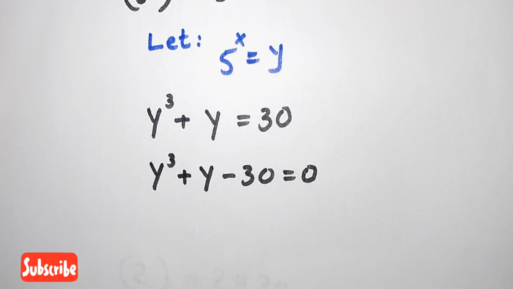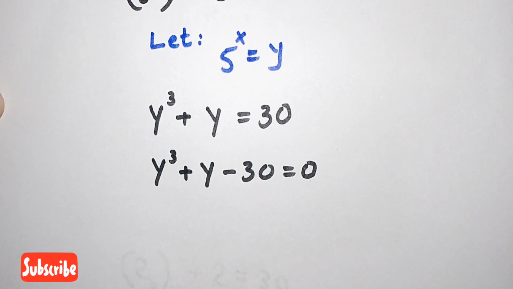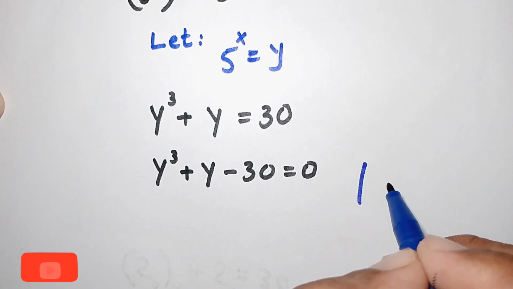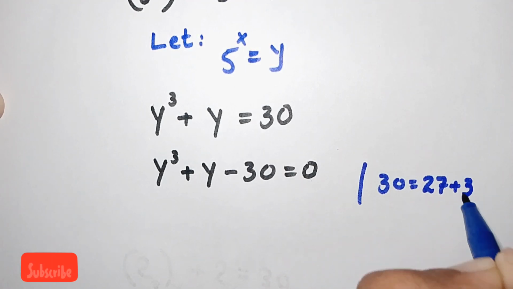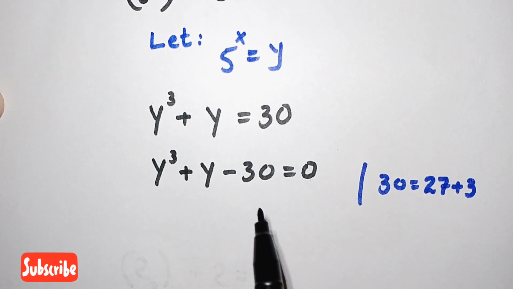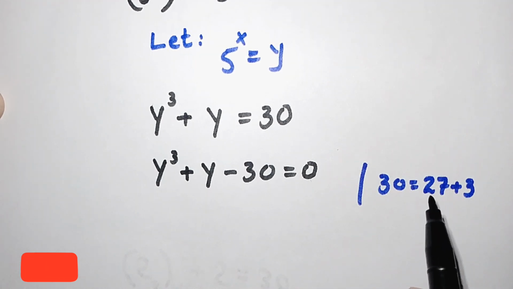Now, in the next step, we know that 30 is also equal to 27 plus 3. So we have to split this 30 by 27 plus 3.